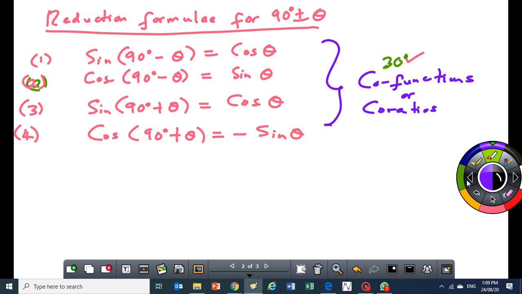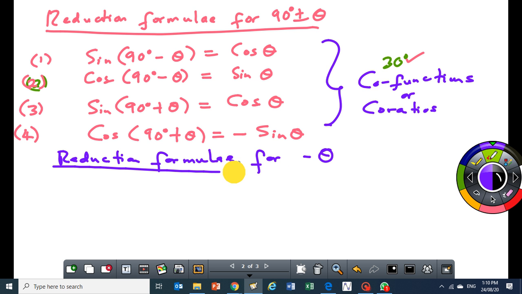Alright? Then let's move on to negative angles. So, reduction formula, minus theta. There are three. Let's start with sine. Sine minus theta.